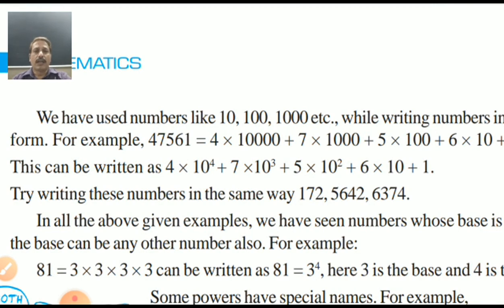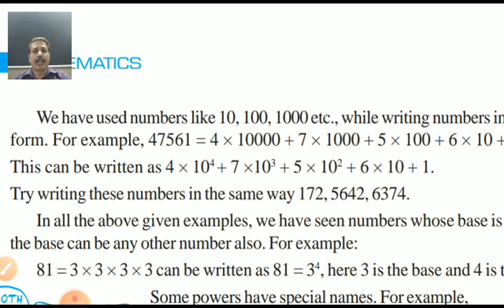But can you give the example of this one? 47561? Why not? Actually 47561 is nothing but 4 into 10,000, 7 into 1000, 5 into 100, 6 into 10 and 1 into 1. Can we write it like this way? Yes, you are right, my dear student. That's an expanded form.